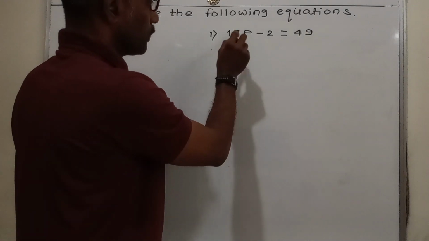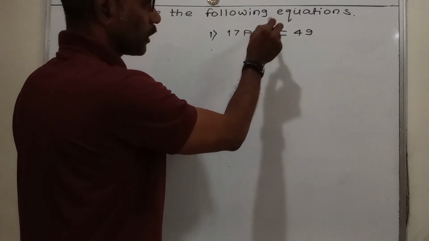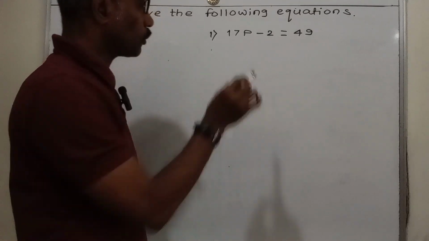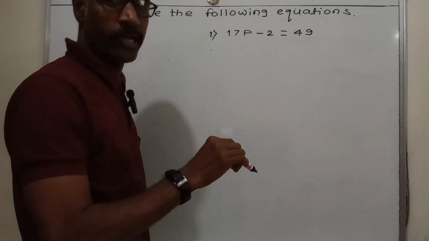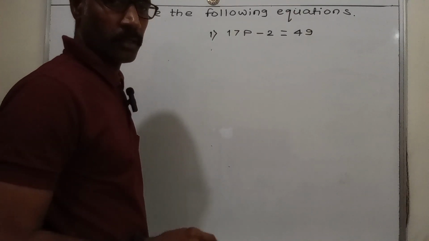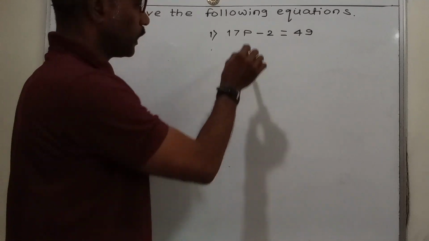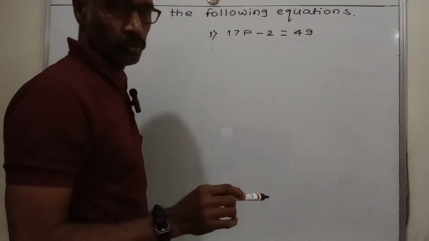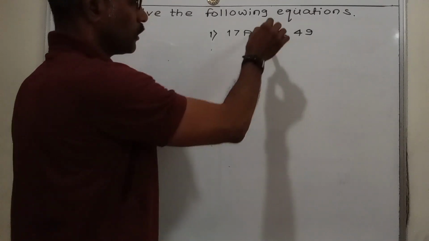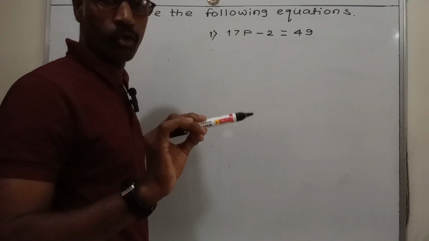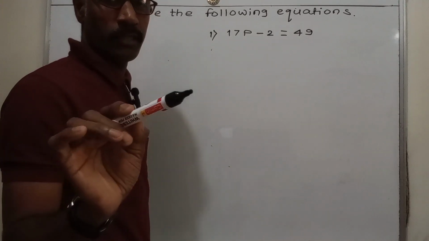Now here 17p and minus 2 are not like terms, because here with p, 17 is our coefficient, and this is the variable. Now here only 2, means minus 2, and here only 49. There is no variable.